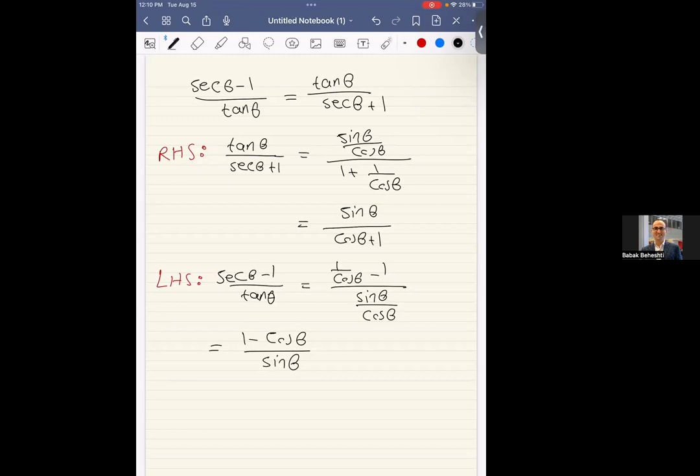Okay, now we want to show that these two are equal. So what you can do is the following. You can either work on the right-hand side or the left-hand side, but let's multiply the top and bottom with cosine theta.